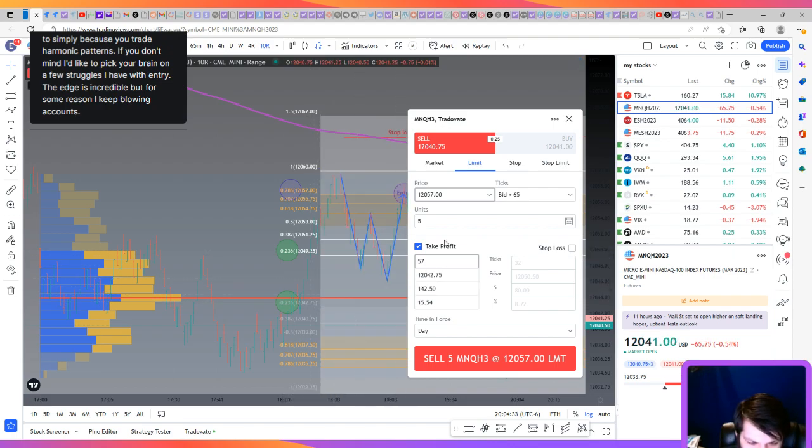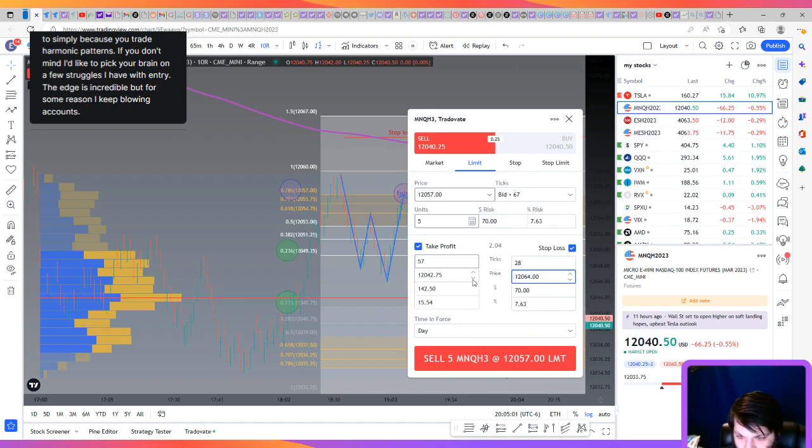On 5 MNQs, we have a take profit of $142. Our stop loss at 65 is only $80, but we're going to move it down to 64, so it's $70. So we have basically a 2-to-1 risk to reward if you were to hold it all the way to the second target.